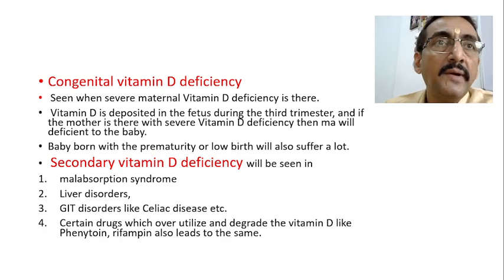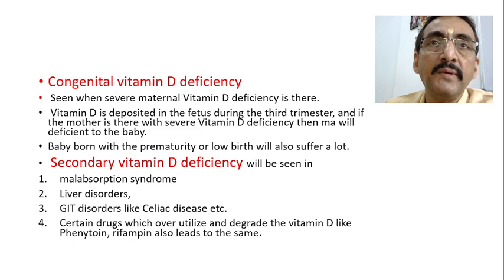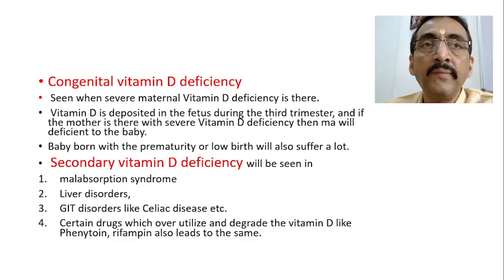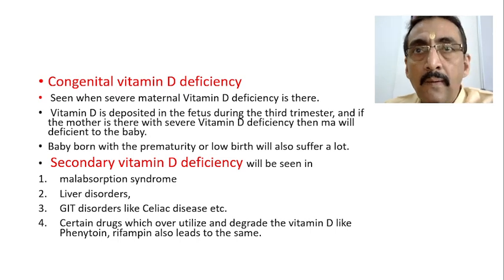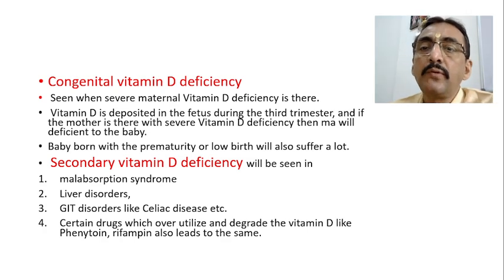And if the baby is delivered earlier, we are giving less time for the deposition of vitamin D in the fetal body. So such babies will also definitely have some vitamin D related problems. So that baby should also be supplemented with vitamin D. So this is about congenital vitamin D deficiency.